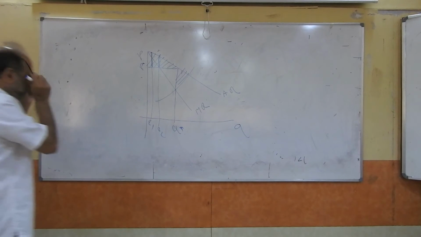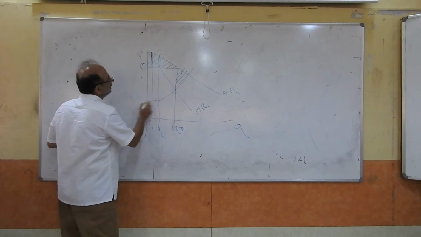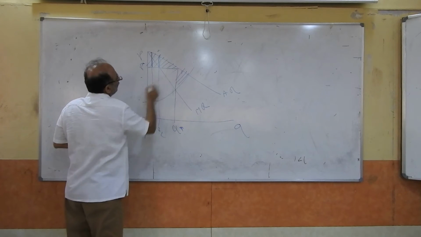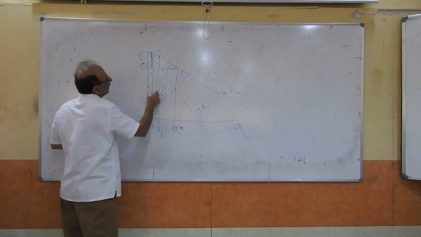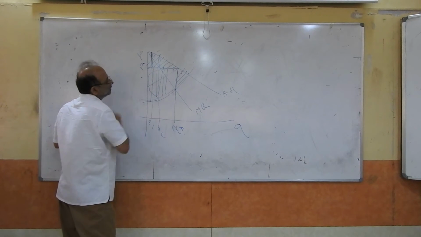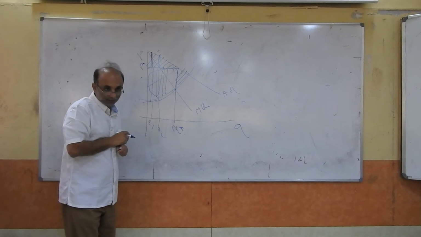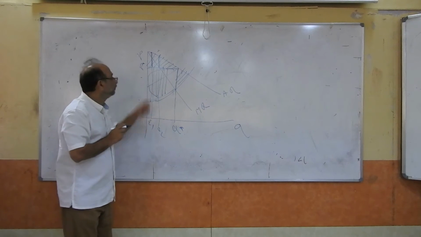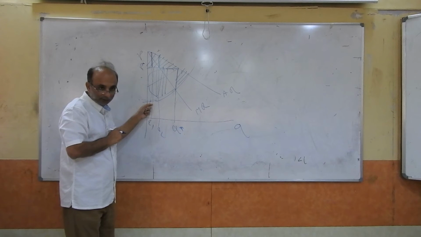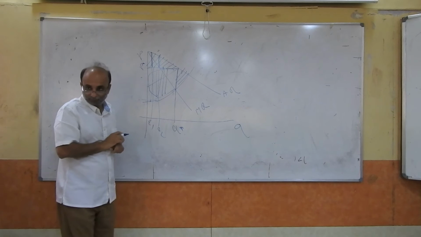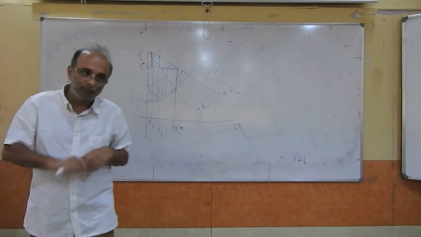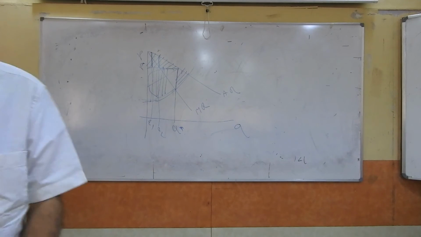He's getting a price P. That is his total profits. This is price minus marginal cost. This whole area is the monopolist's producer surplus. What is price minus what it costs to produce? The price minus marginal cost times the total quantity sold. Can the monopolist do any better?